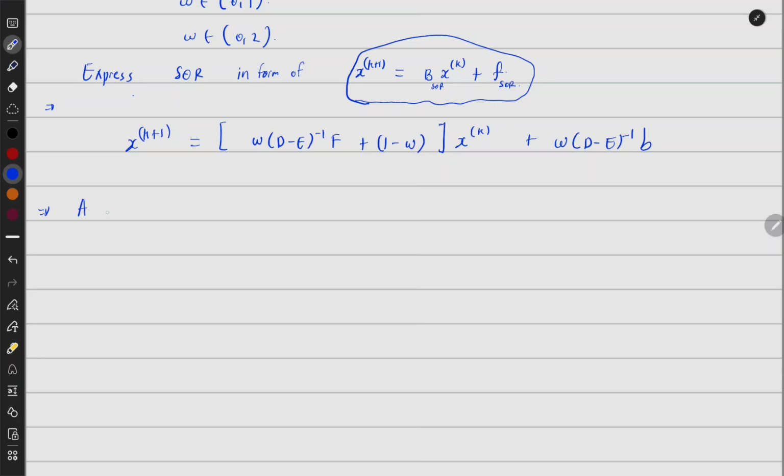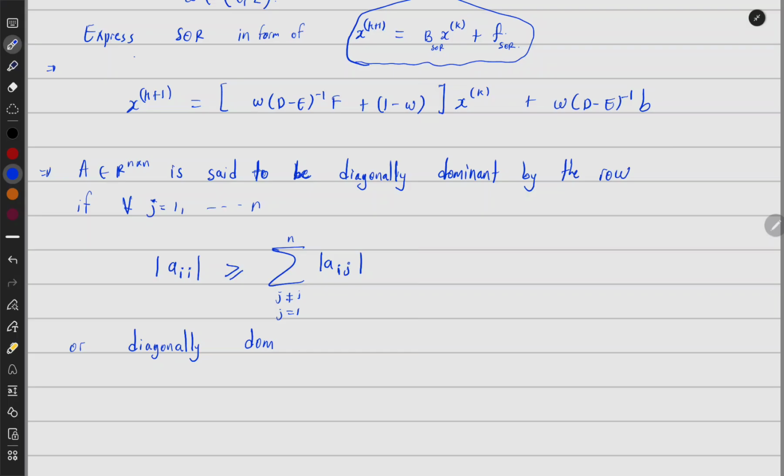A matrix A, which is in R^n, is said to be diagonally dominant by the column if the diagonal element is greater or equal to the summation of all the other elements in the column.